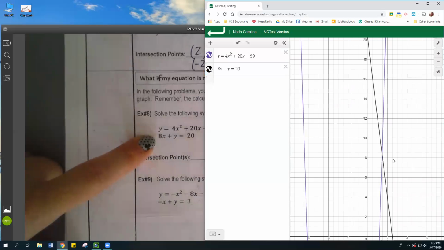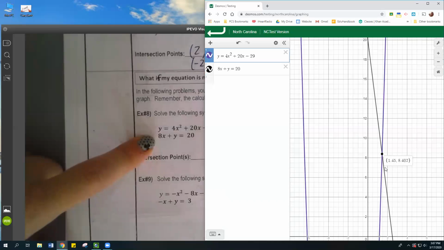All right, so let me zoom in a little bit so I can see this intersection. So it is a decimal. So if it's a multiple choice answer, then you can find that decimal that matches, or you can give an approximation if they have rounded decimals. So I'm going to make this approximately 1.5, and then I'm going to make this approximately 8.4.